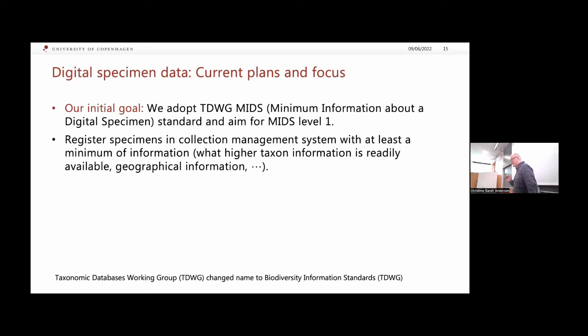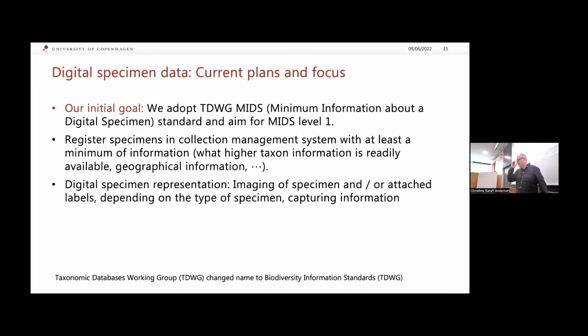And registration can actually be at a minimum level. So it could just be that, oh yeah, we know roughly what this is, roughly that it came from Africa, and nothing more. But at least now we know we have one of these things, and it's from Africa. Okay, but preferably we want to go a little bit deeper.